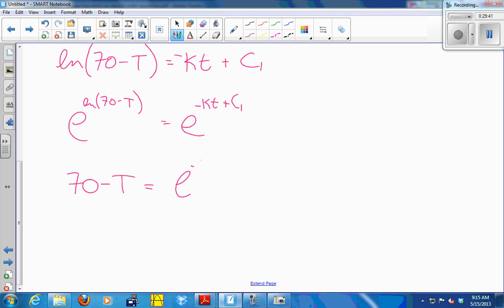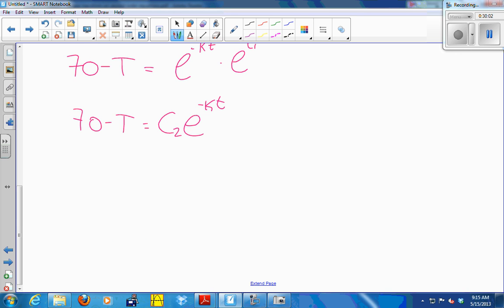This is e to the negative kt times e to the c1. And e to the c1 is just another new constant we could call c2. So 70 minus T equals c2 e to the negative kt. And then just solve for T. Add T.